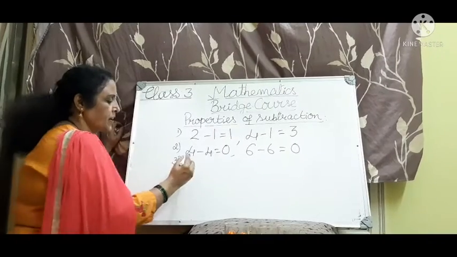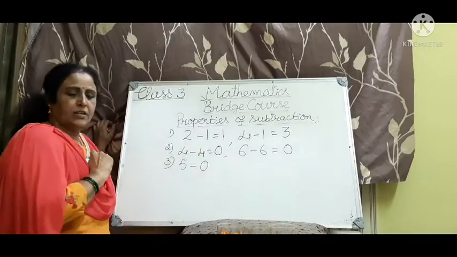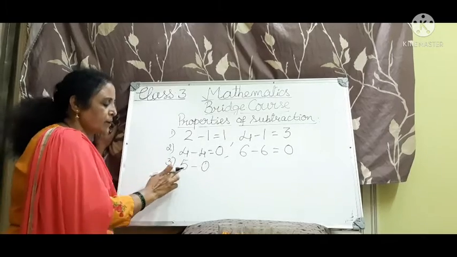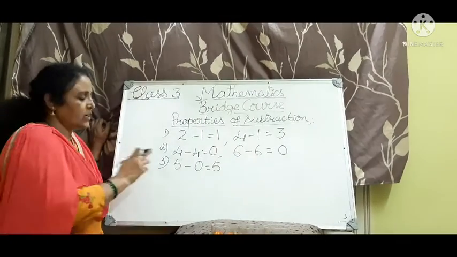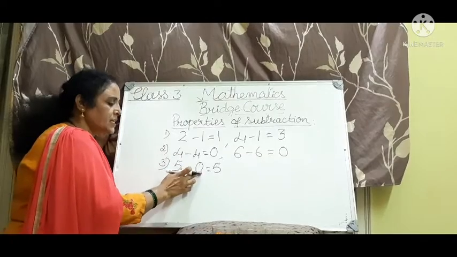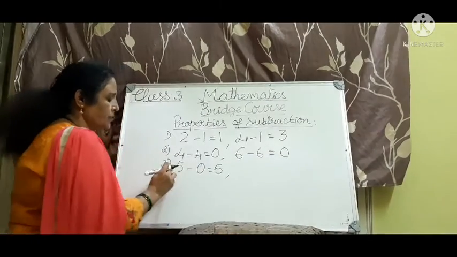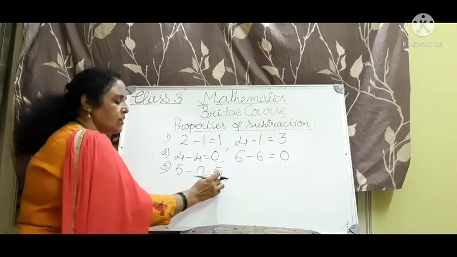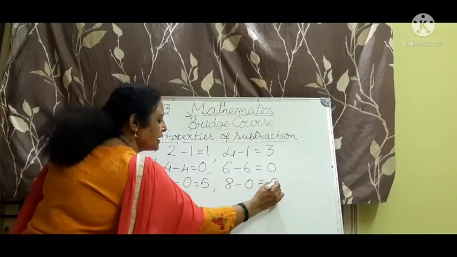If we subtract 0 from any number, we will get the same number. 5 minus 0 equals 5. 8 minus 0 equals 8.